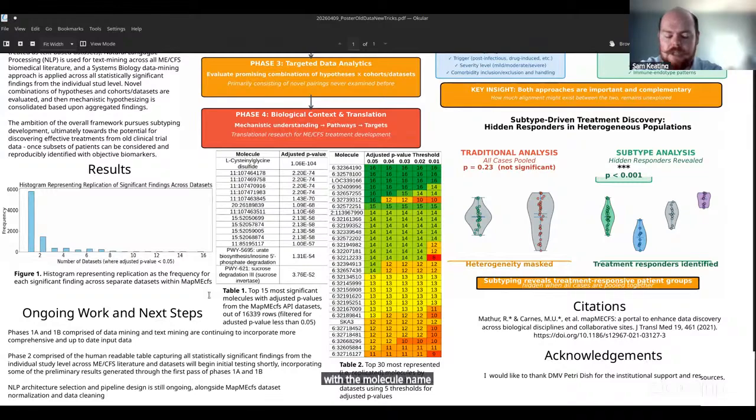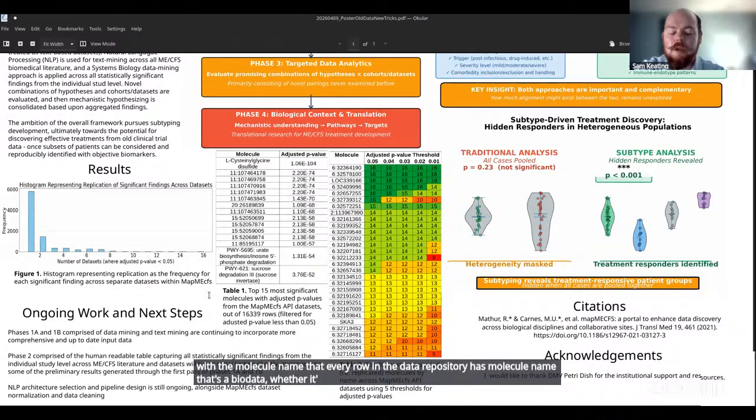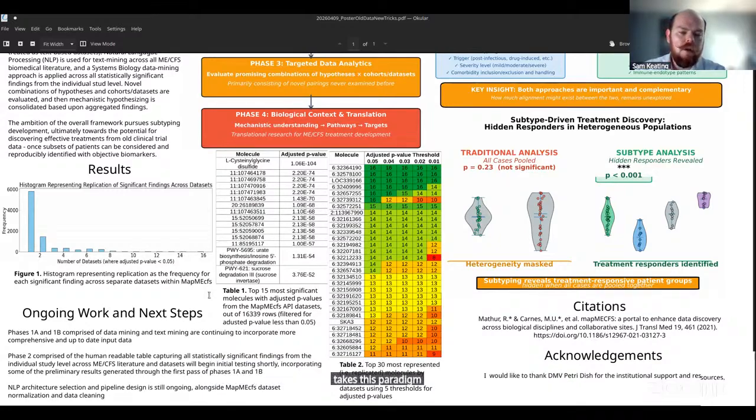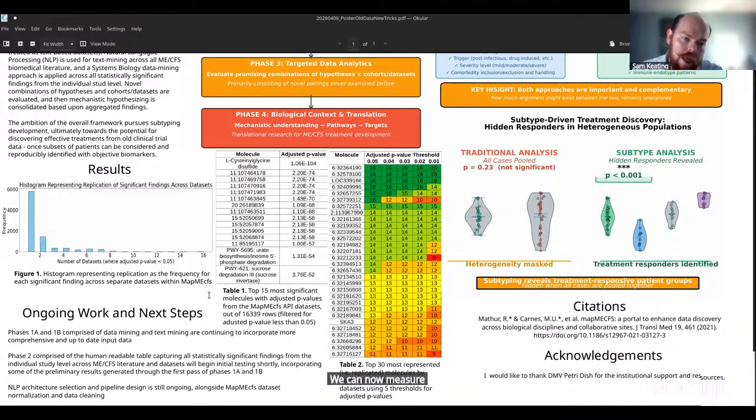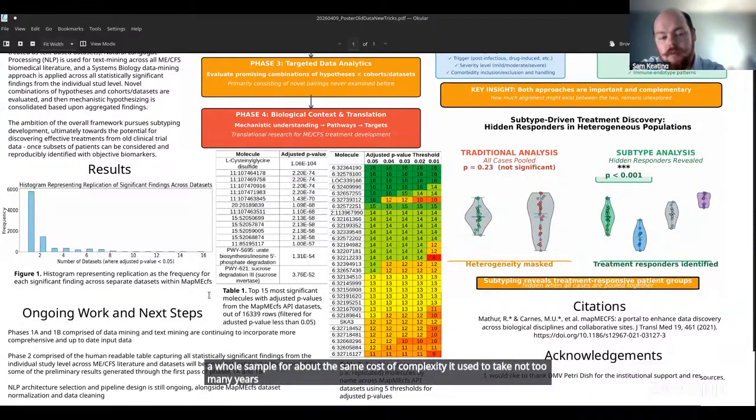Every row in the data repository has a molecule name, that's the biodata, whether it's a metabolite, a mutation, it's mostly multiomics, which in systems biology takes this paradigm shift from, for the costing complexity it used to take us to measure just one protein, just one gene. We can now measure all the genes, all the DNA, or all the proteins in a whole sample for about the same cost and complexity it used to take not too many years ago to measure just one.